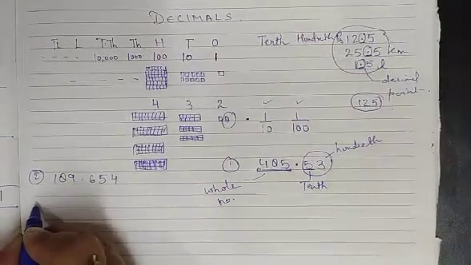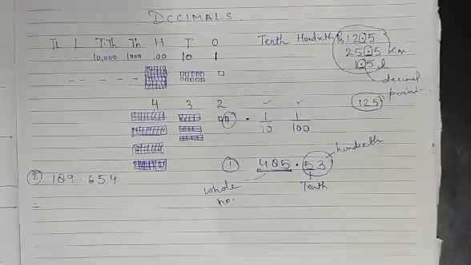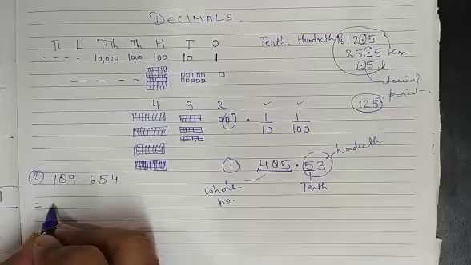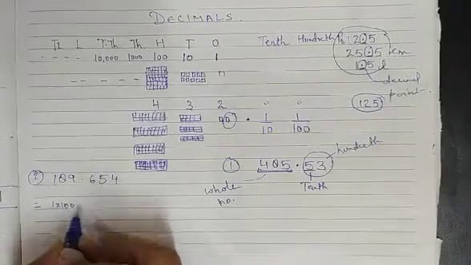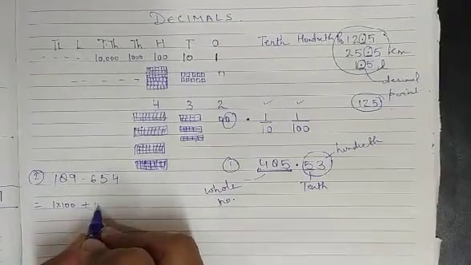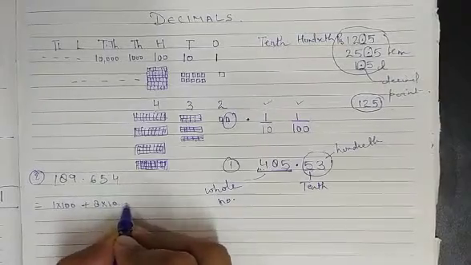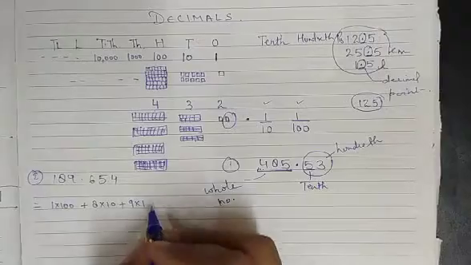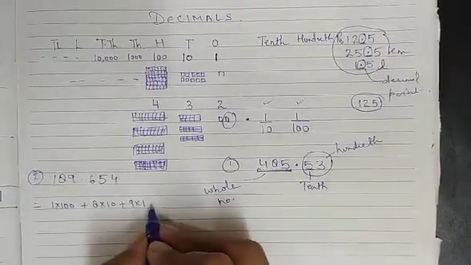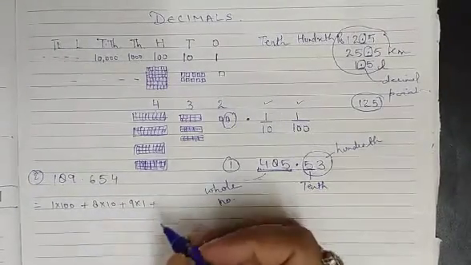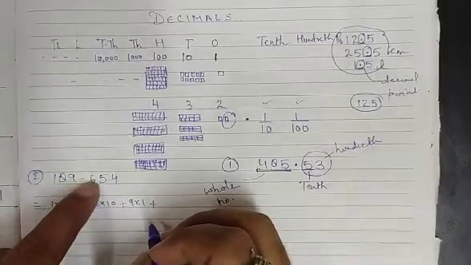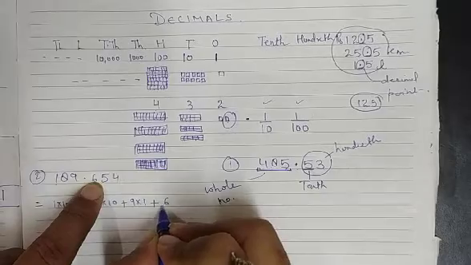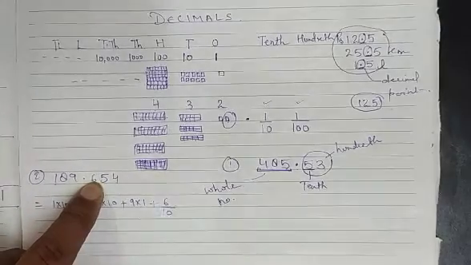Now if we want to express it in expanded form, 1 has place value of 100, 1 into 100, plus 8 has a place value of tens, 8 into tens. 9 has a place value of ones, 9 into 1. Point, decimal is there, so we have to keep in mind that this is the decimal, and the next part is the tenth part, means 6 divided by 10.